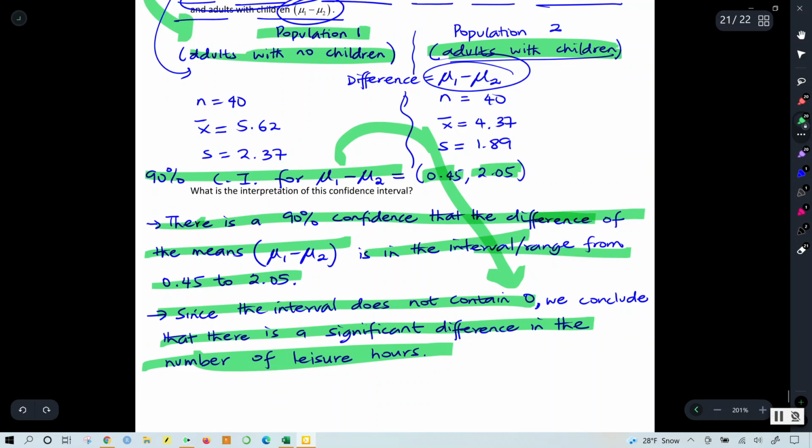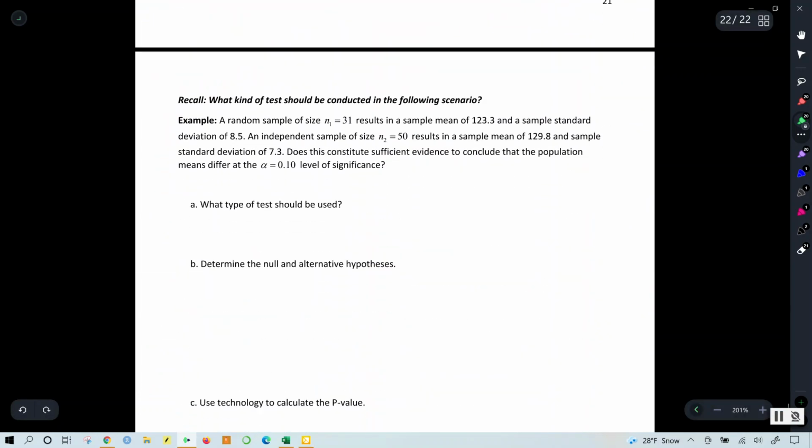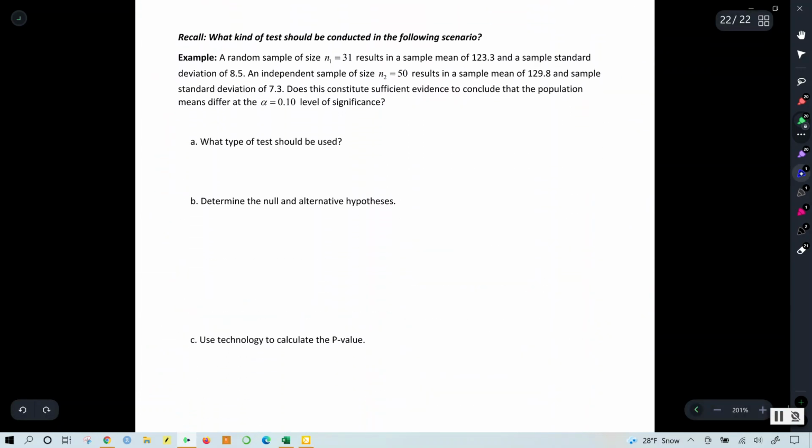So with that done, let's move on to the last question for this chapter. Example: a random sample of n1 equals 31 results in a sample mean of 123.3 and a standard deviation of 8.5. Take note, we'll take this as one sample.